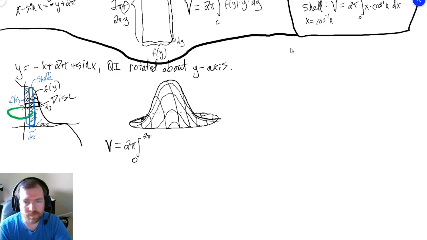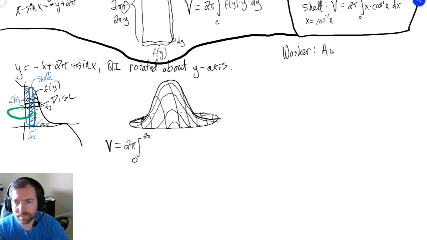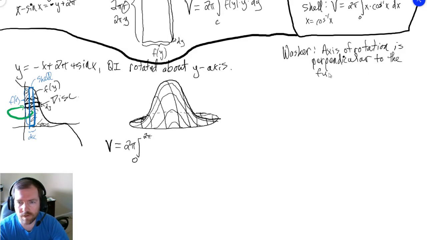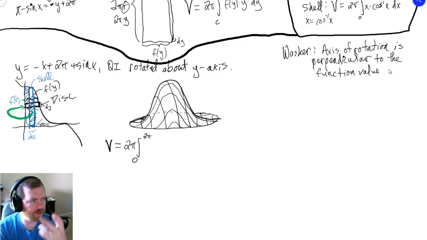So if you want a little hint about which one to use, you're going to be doing disk, really again, just call it washer, if the axis of rotation is perpendicular to the function, to the function value line.